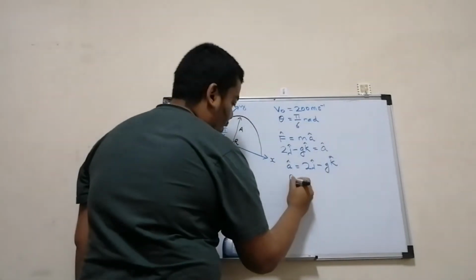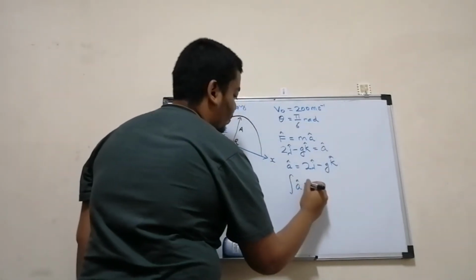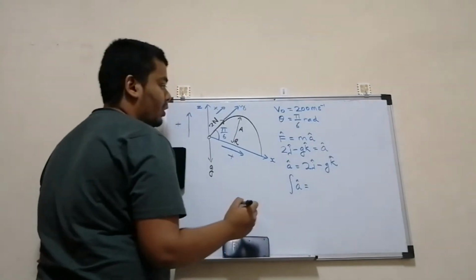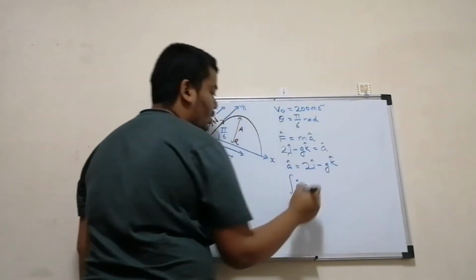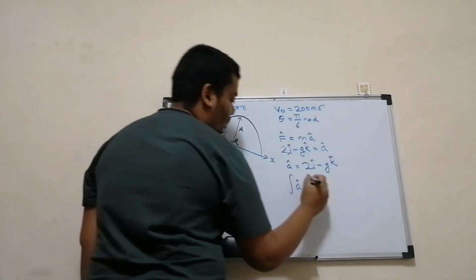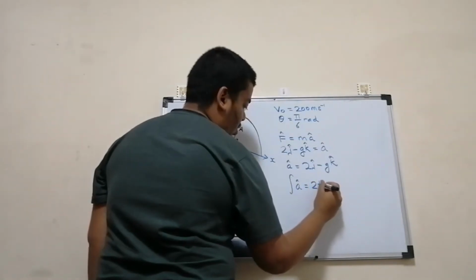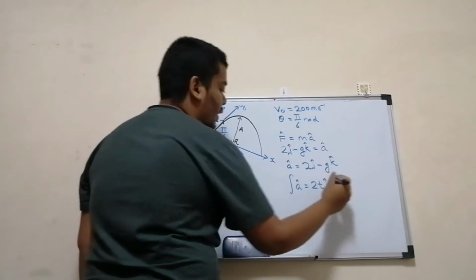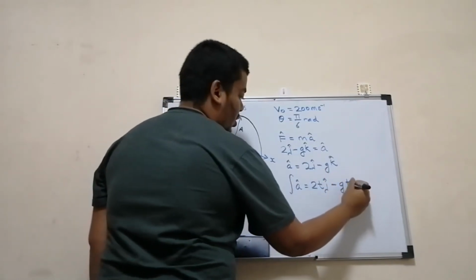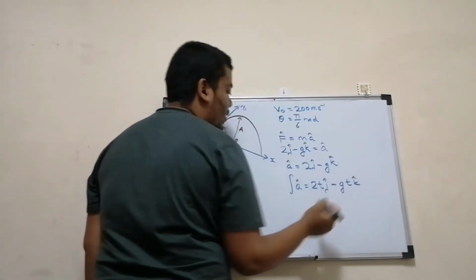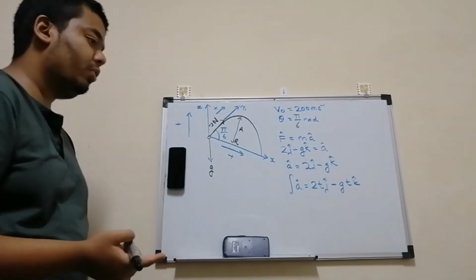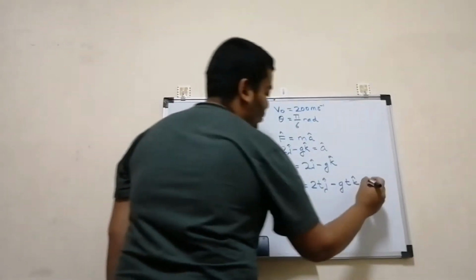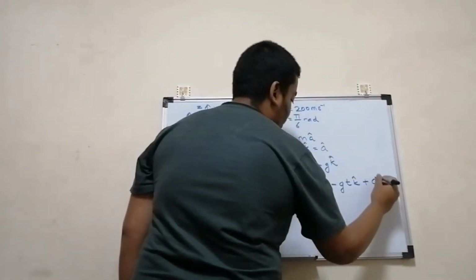Now we need to integrate this to find the velocity vector. So we will integrate the acceleration vector to find the velocity vector. So what is the integration? It will be 2tj minus gtk. Now remember guys, when you integrate, obviously you'll have an integration constant, and let's name this constant plus c1.